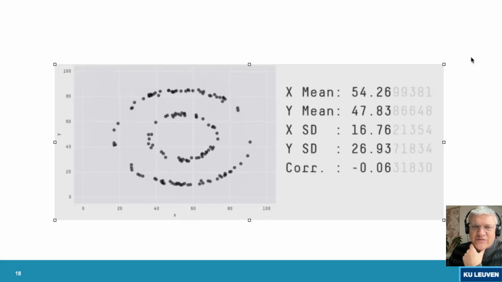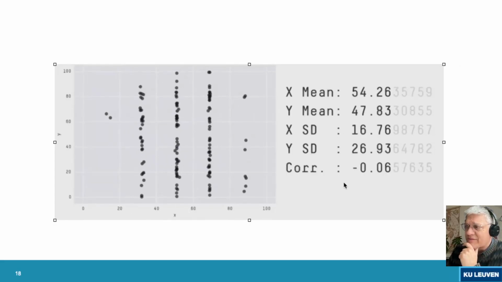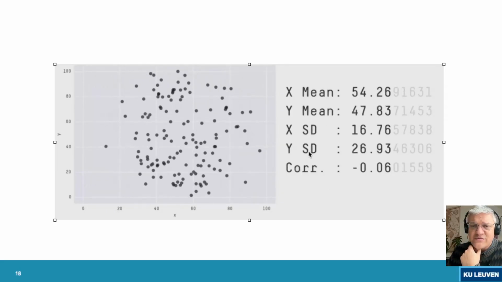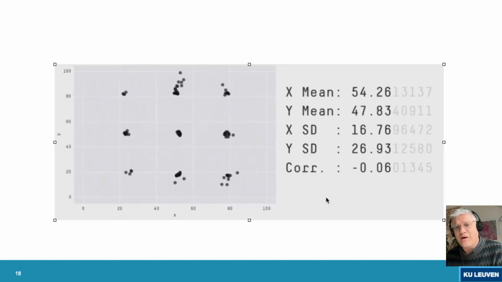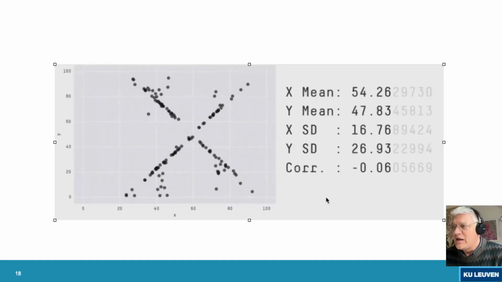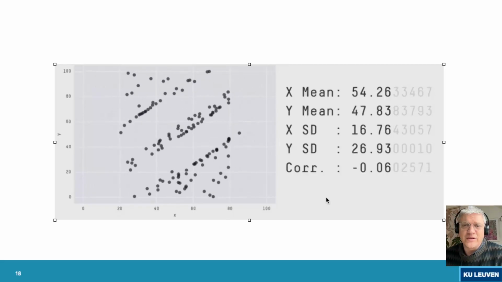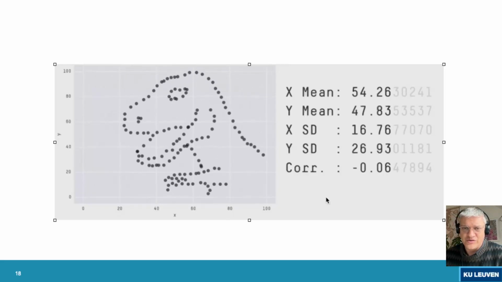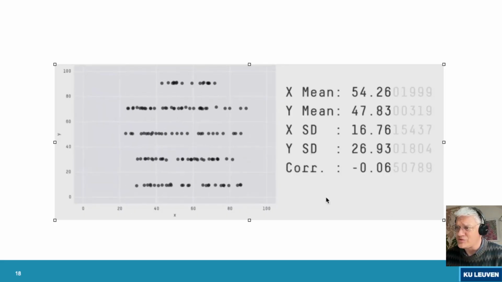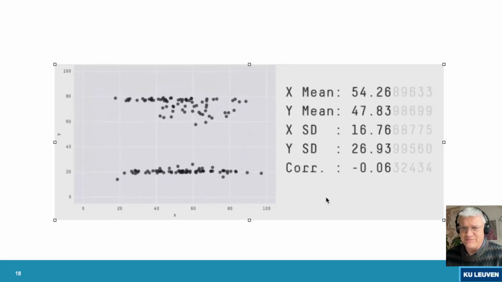These are all different data sets that have exactly the same mean for X and Y, the same standard deviation of X and Y, the same correlation between X and Y, the same number of elements, the same regression line, and so on. But still, I would argue that those data sets are not the same. Some are linear, some are point clouds, some are circles, a star and a dinosaur.